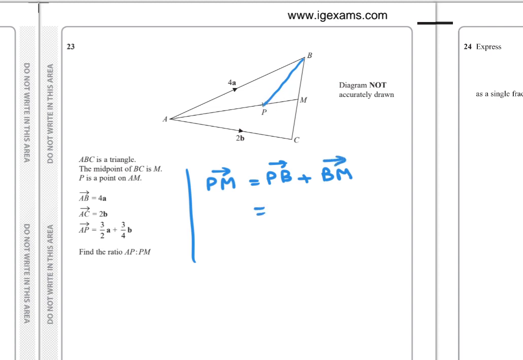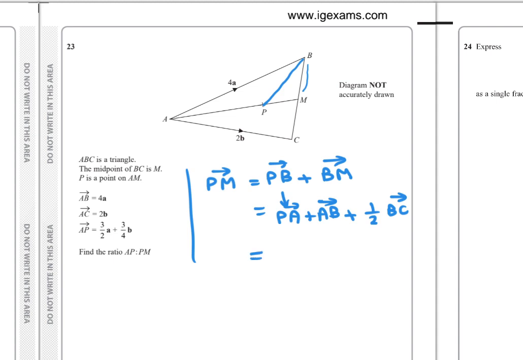To find BA, we can use BA plus AB. BM equals half vector BC, because M is a midpoint. So this is half vector BC.